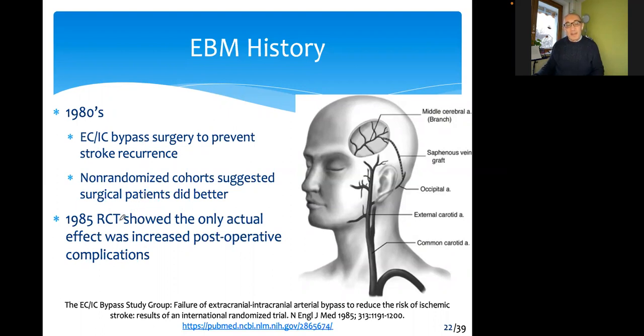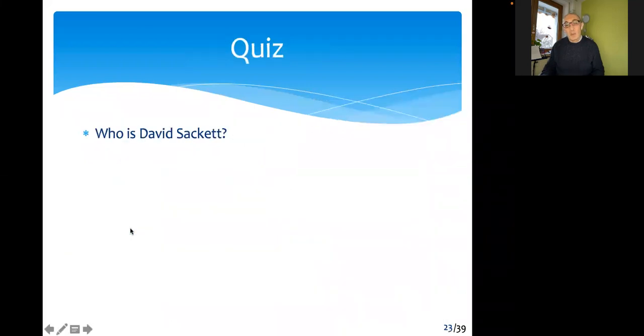But in 1985, just 5 years later, randomized controlled trials showed that the only actual effect was increased postoperative complications. So it was not as useful as it was expected.